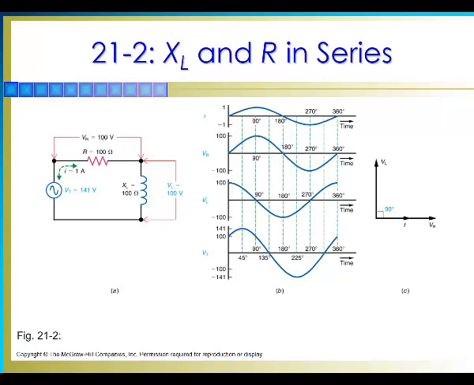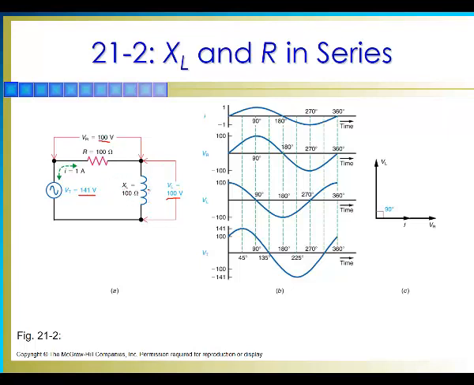However, if we add 100 plus 100, that should be 200 and not 141, right? So that would be the case if they both were resistors, for example. But remember that the current times the resistance gives you a voltage on the resistor, and the current times the inductive reactance gives you a voltage on the inductor.